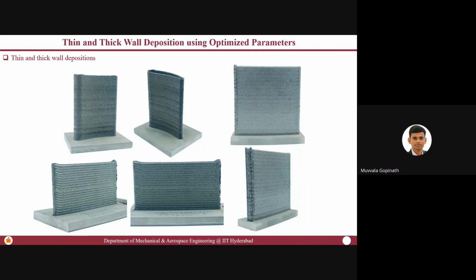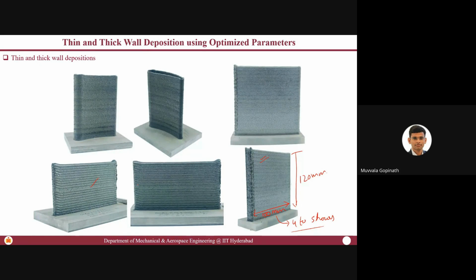To be frank, making this 120 mm height wall over 100 mm width takes close to 4 to 5 hours, because in between we stop to take care of heat accumulation effects and other things, right? Now, within this, you have a couple of variants, like overlapping tracks and overlaying layers.